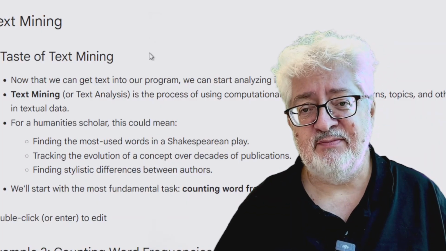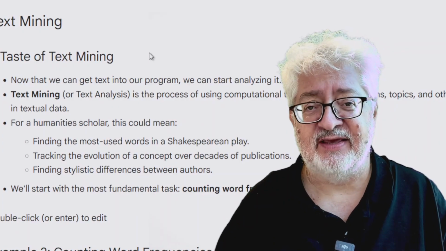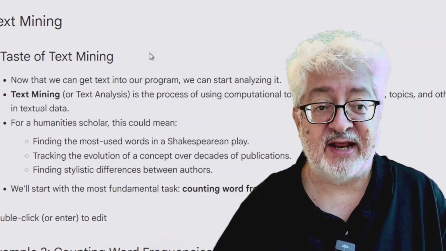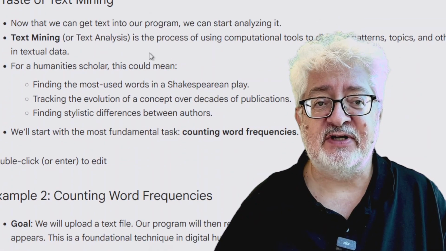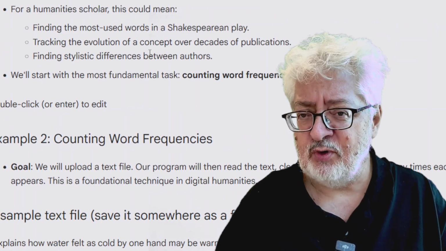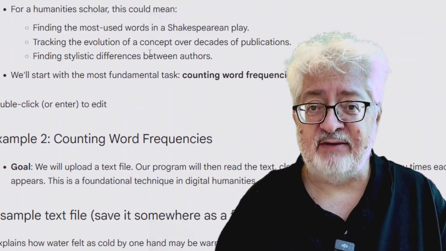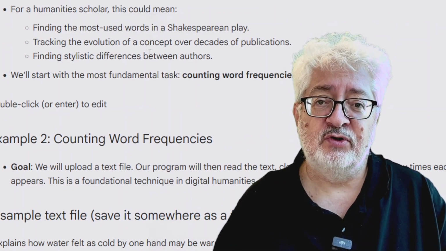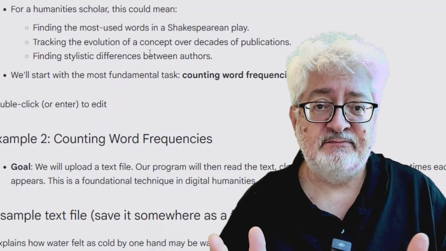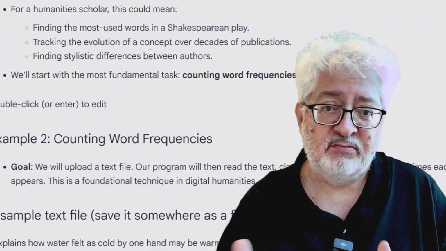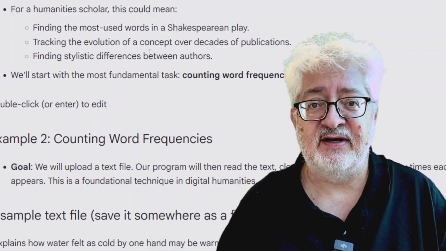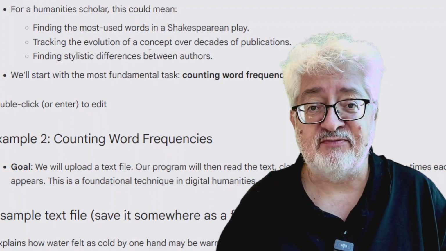Now we want to do a little bit of what is called text mining. Sounds like a very professional thing. In principle, this only means we do some analysis on the text. And this is very useful for the humanities. It can mean to find common words in a play, for example, or to see the sentiment of newspaper articles. So you would have a newspaper article from, let's say, the 50s, and then another from the 60s, and then another from the 70s, or perhaps 10 from each period.